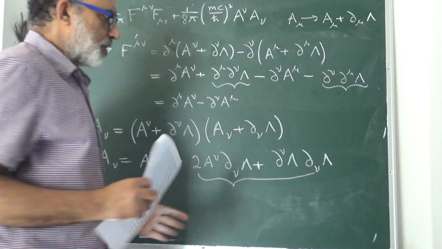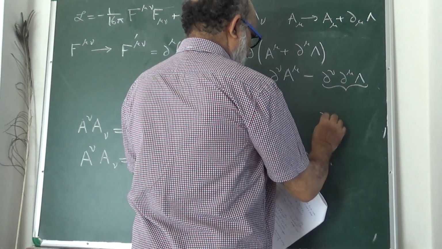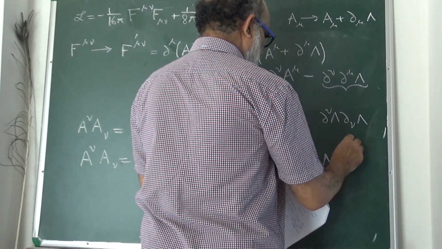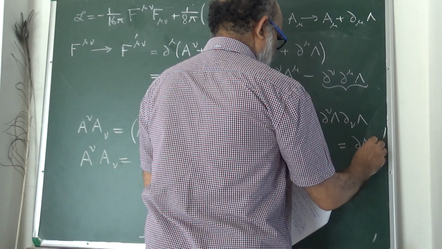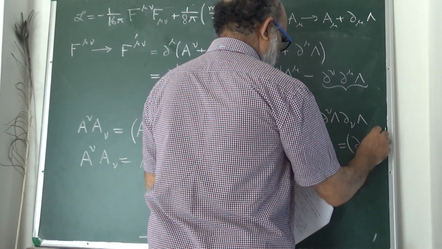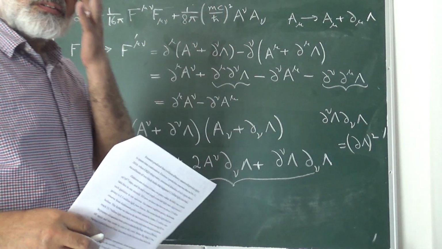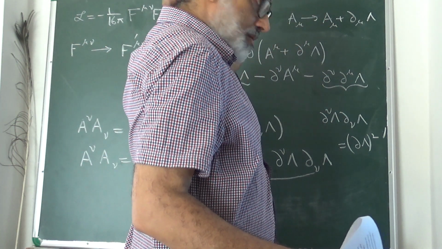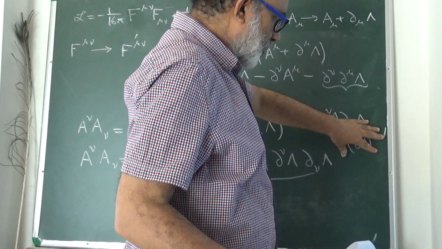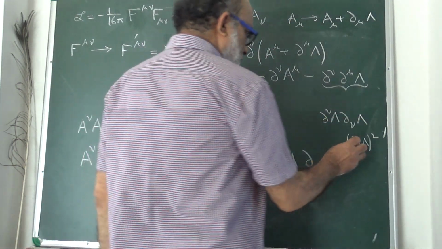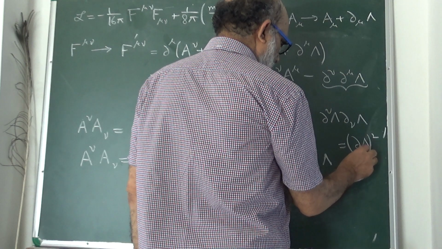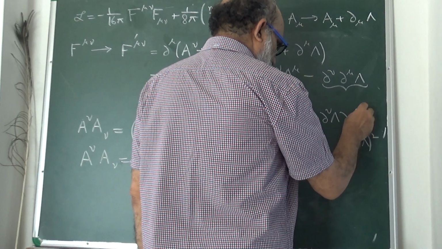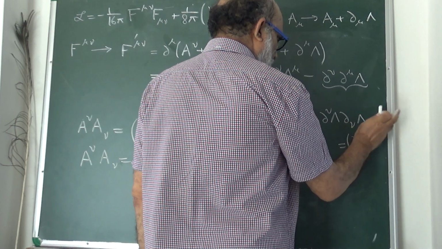This last part is the square of del lambda, an extra term to the field which we added to A. It is the square of the variation with respect to space and time. So this is the space and time variation of the field added to the electromagnetic field.